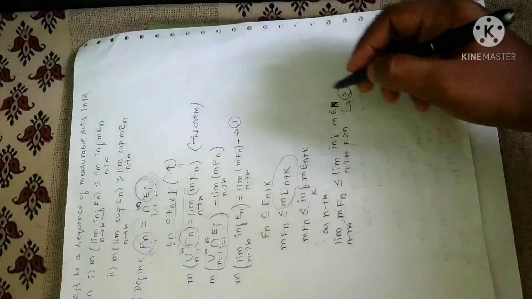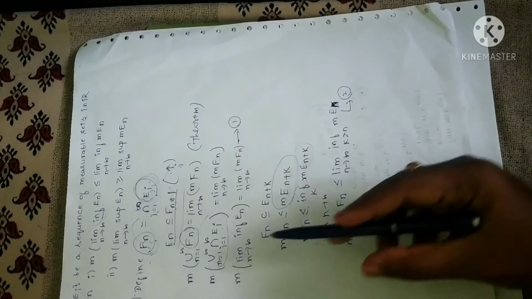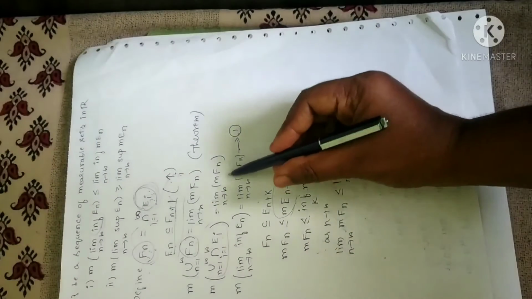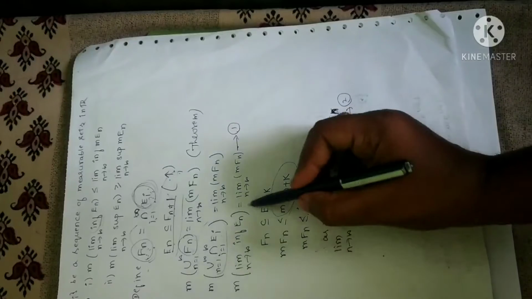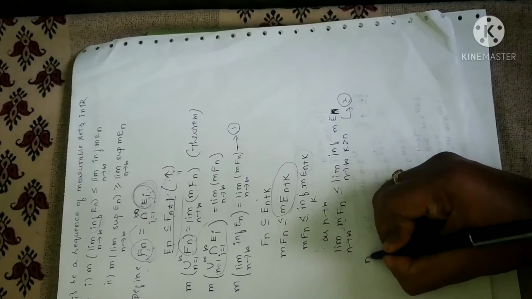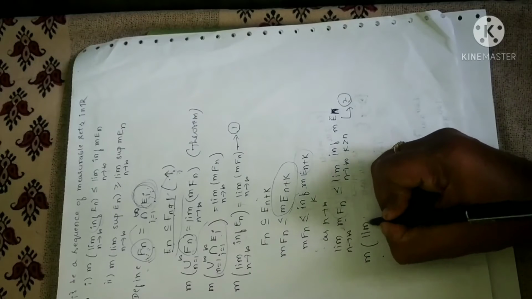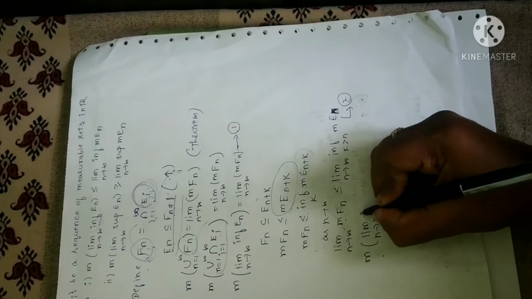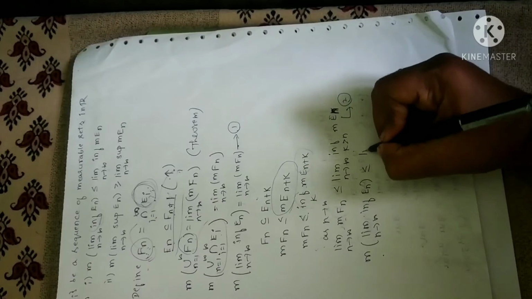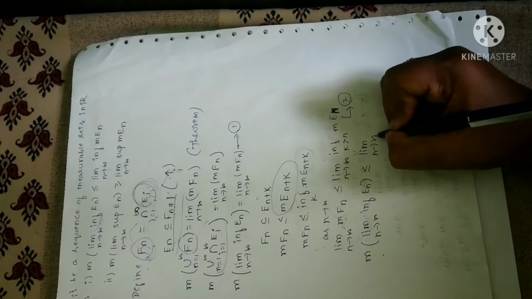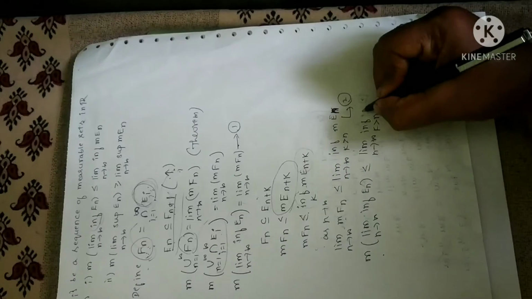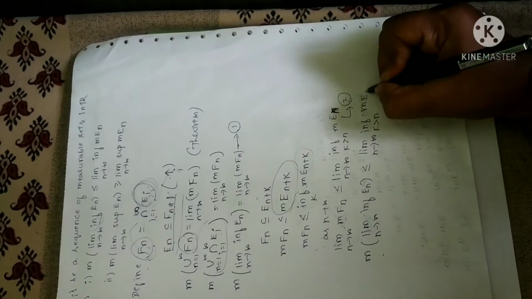Now compare equation 1 and 2. We can observe that in equation 1, limit n tending to infinity, m of Fn can be replaced by this value. So let me replace this value with this. So I get m of, I am using equation 1 here, n tending to infinity, infimum of En is less than or equal to, I will rewrite this as it is, limit n tending to infinity, infimum k greater than n, m of En.